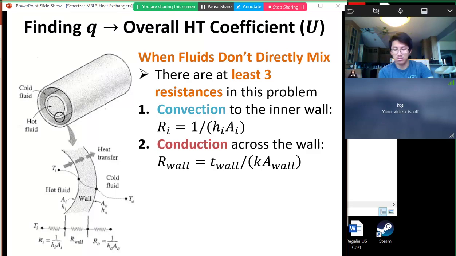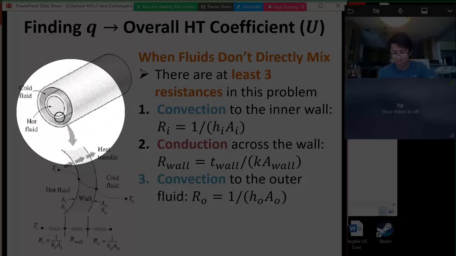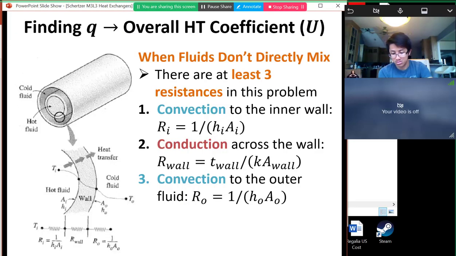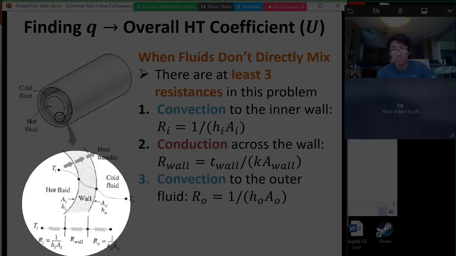So this is resistance from conduction as we pass through this thin wall. And then there's resistance from convection as we go from the outside of this thin wall to the cold fluid. So there's 3 different resistances, right? 2 of them are convections and 1 of them is conduction. And if we drew a circuit, it would look like it does in this picture down here.